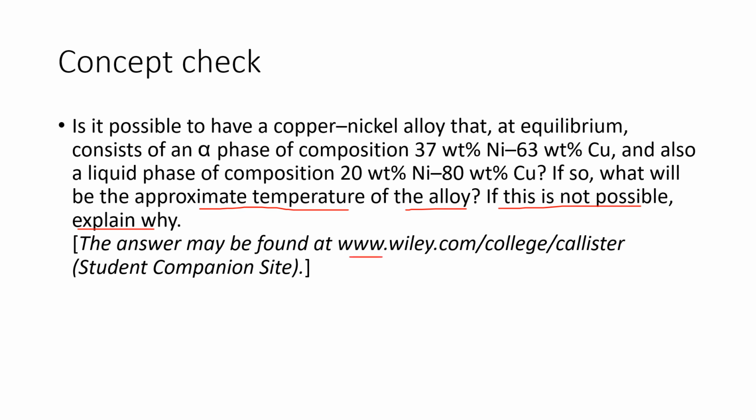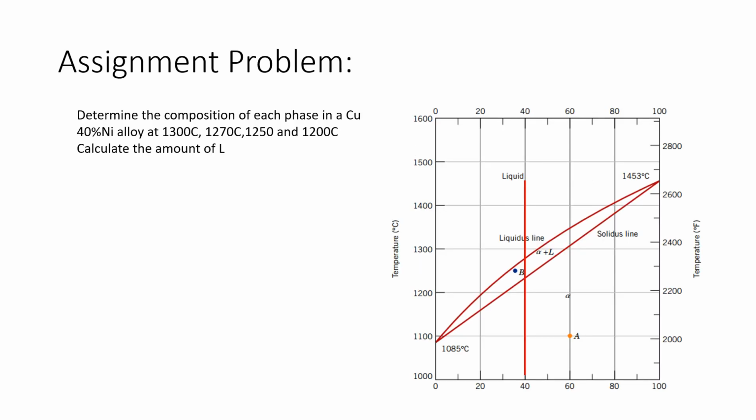If this is not possible, explain why. The students can find the answer by visiting this website written by Celester. Here is an assignment problem; students will solve this by themselves.